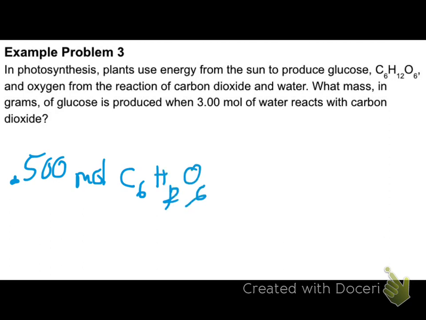And we need to convert it into grams of glucose, for which we need the molar mass, which we can determine by taking the molar mass of each element in the compound times the number of atoms of that element in the compound, which, considering we have approximately 24 atoms in this compound, is going to be a little more time consuming than normal. So I will break it down for you on its own separate little slide.